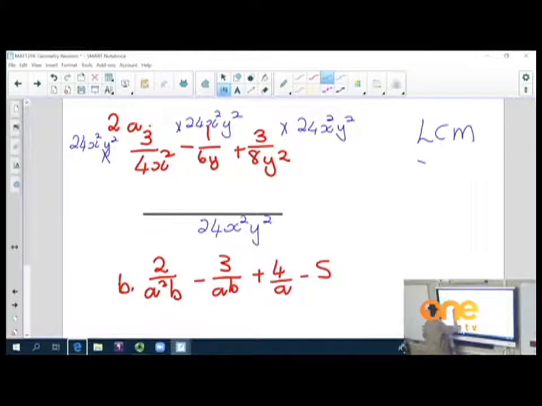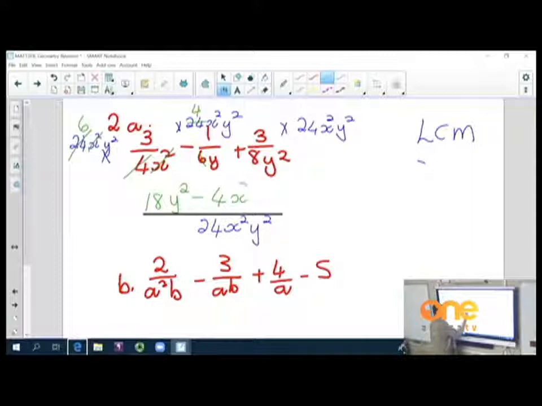So the 4 divides into the 24 6 times. 6 times 3 is 18. This x will cancel out, so then it is y squared. Here, it's a minus. The 6 will divide into 24 4 times.